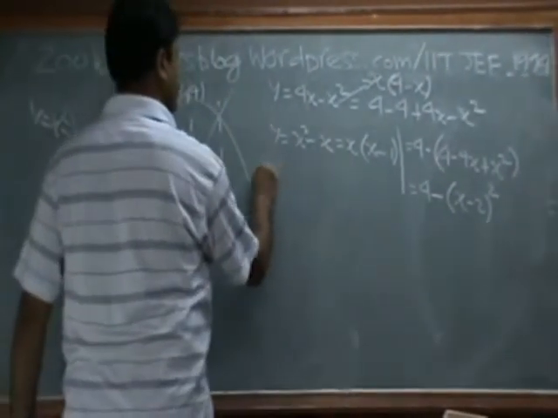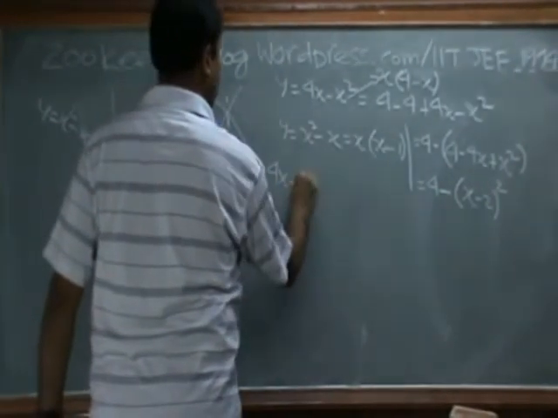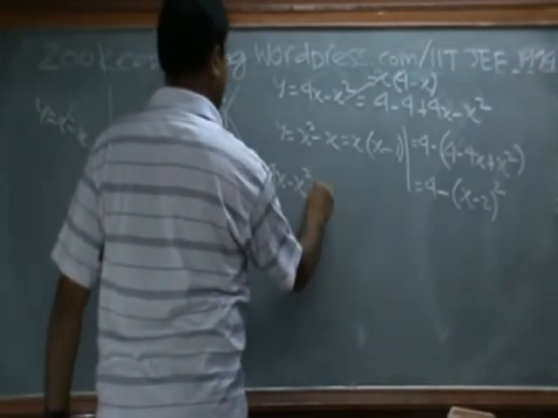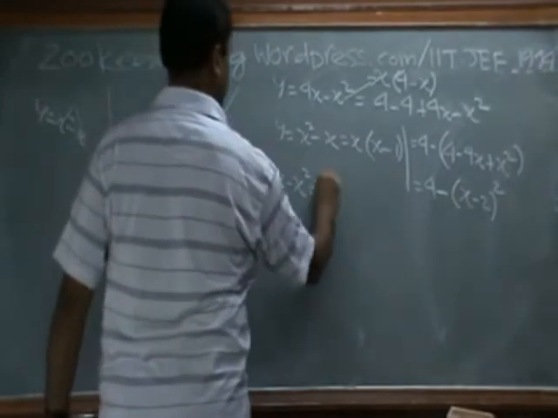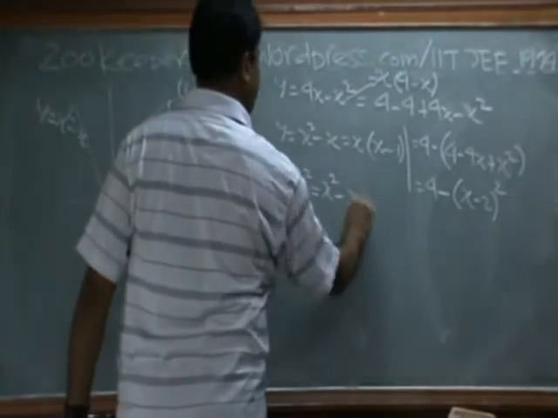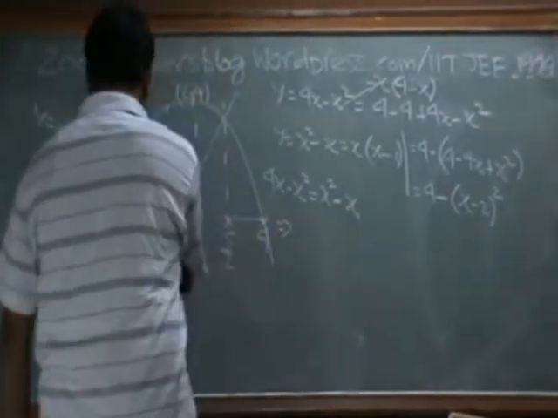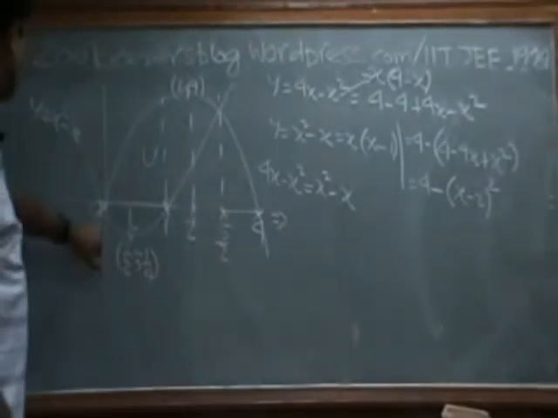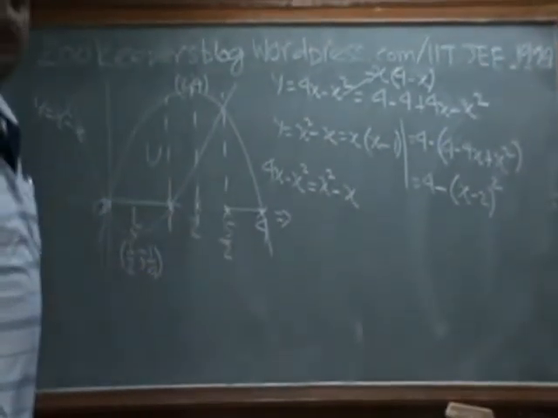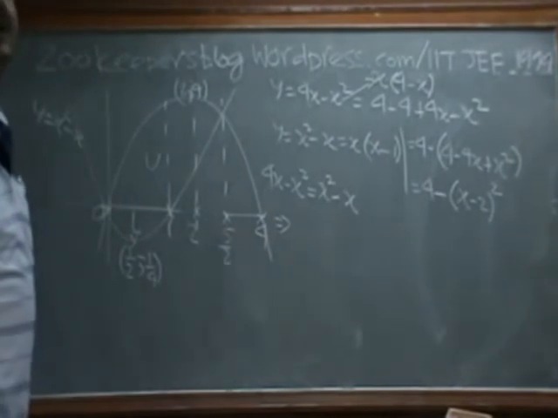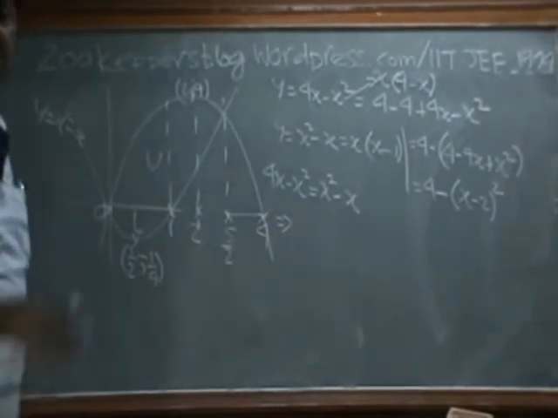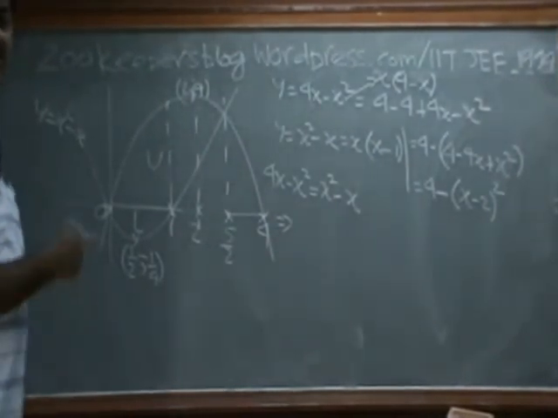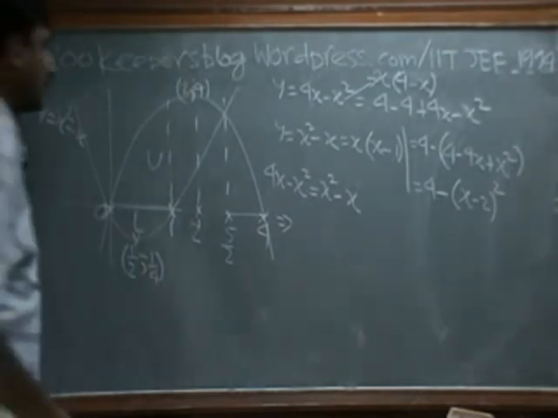Remember, 4x minus x square is equal to x square minus x. If you see that, x equal to 0 is a solution, and we are looking for the non-zero solution. So can I strike off x? I can. x equal to 0 is already a known solution.